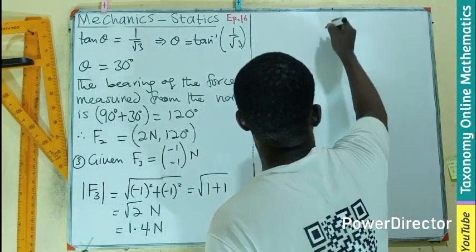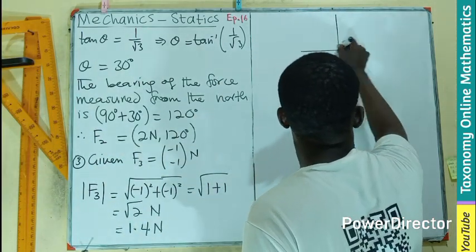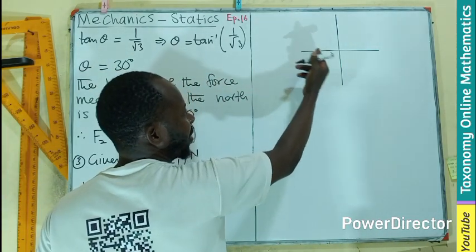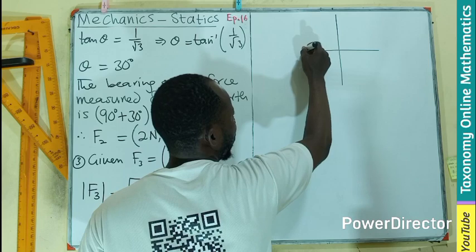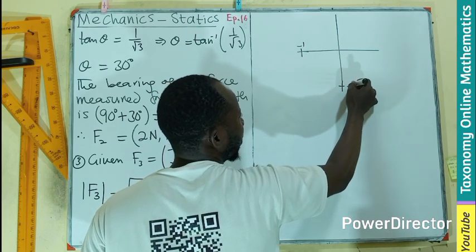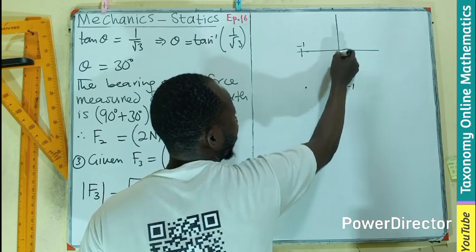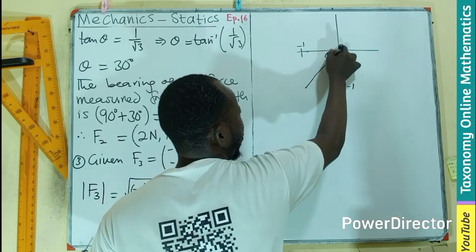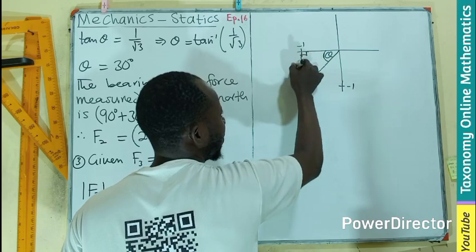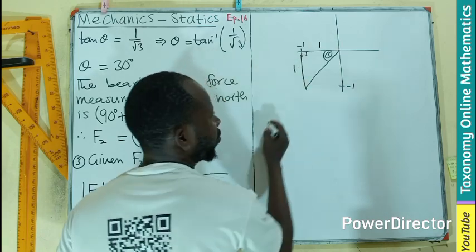So for the bearing, let's pick this. Remember, we are having negative x-axis, negative y-axis. So we have our -1 here and -1 here. So their center will be here. The angle with the x-axis, which is the acute angle, make this distance of 1, distance of 1.